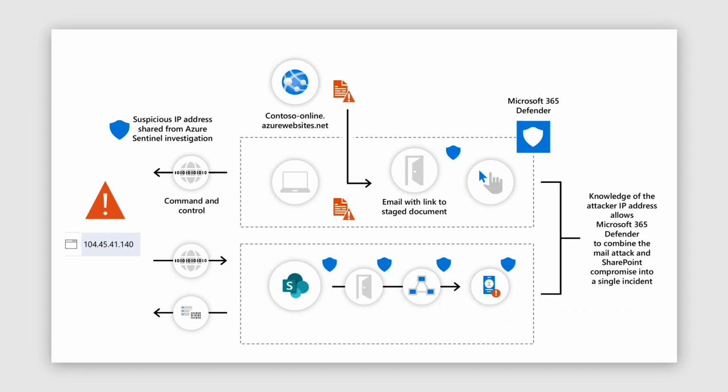Knowledge that the IP is malicious gives Microsoft 365 Defender the information it needs to correlate both sides of the attack into a single incident. This one incident that now covers two previously disconnected attacks gives the SOC a complete picture of the compromise oriented around a common attacker, and this concludes our investigation.